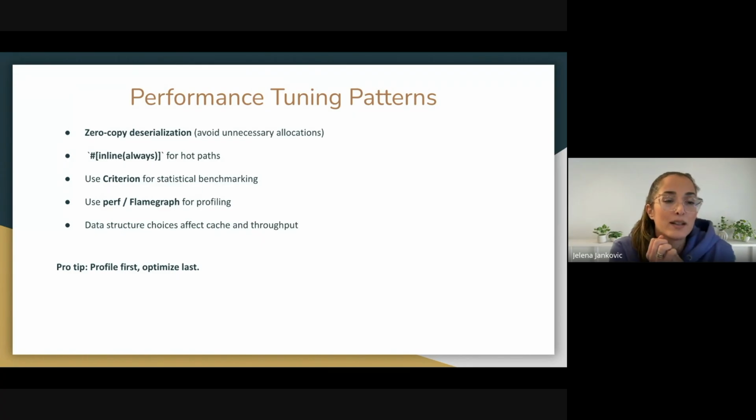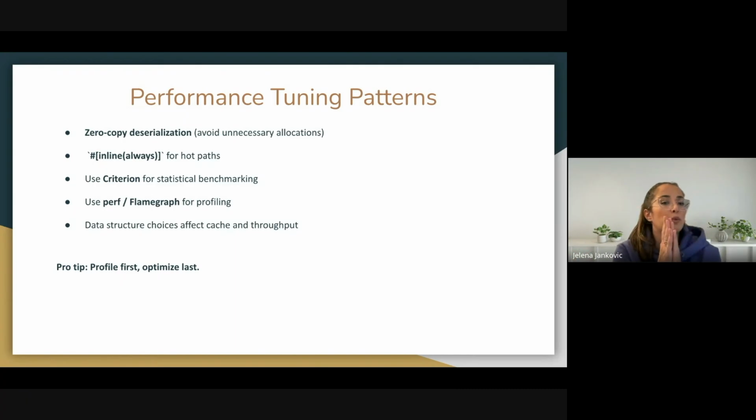Then there is a suggestion to use inline always for hot paths. Hot paths in Rust are the sections of code that are executed frequently or form the critical path of performance in your program. If we write inline always above our function, that is a hint to the compiler. It is like telling the compiler, please copy this function's code at every call site for speed.